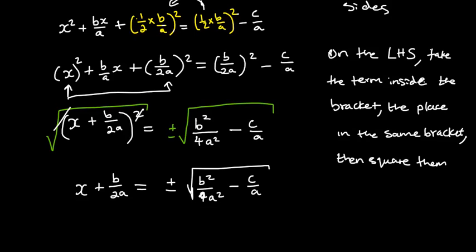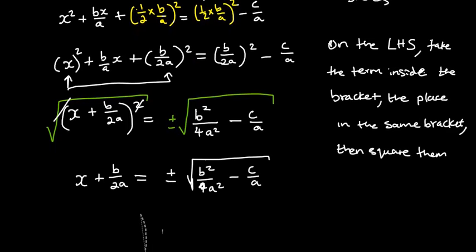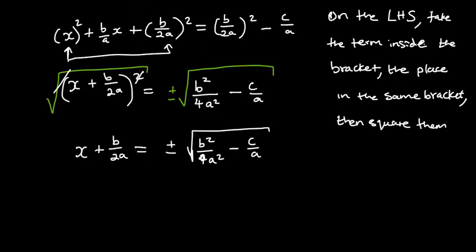Now we want to simplify what's in the bracket there. So what we will do is have everything over a common denominator. For the terms in the brackets, find the LCM. You've got 4a squared and a.